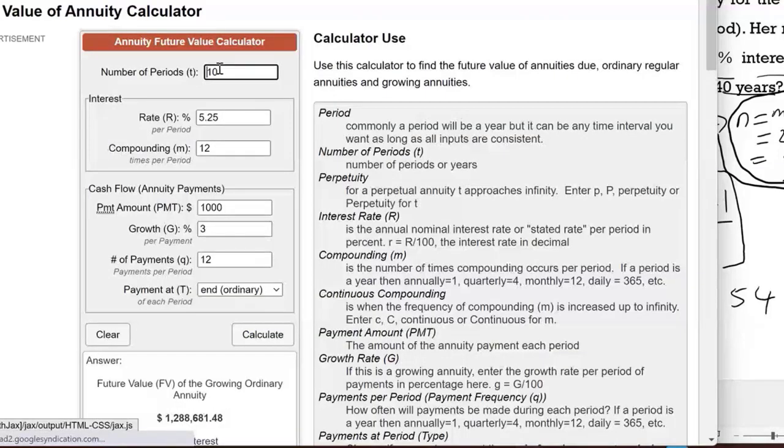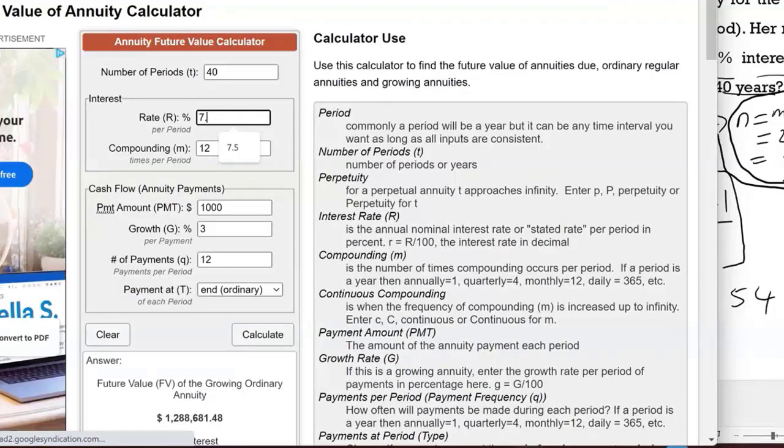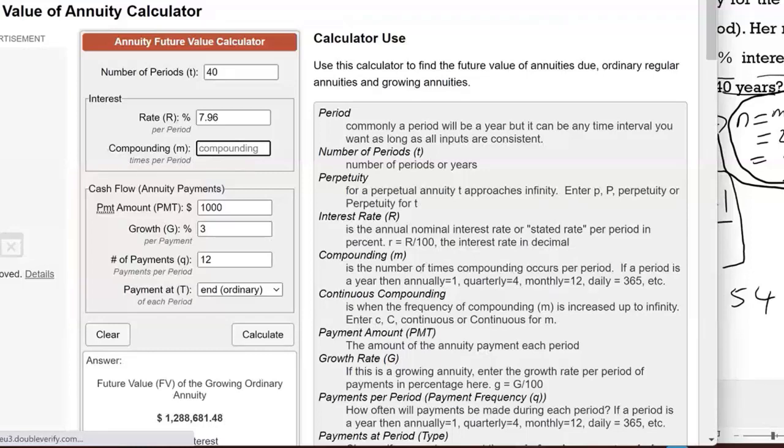For the number of compounding periods, we said from our analysis that our T is equal to 40. And then we set our rate. Remember, we're going to write our rate as 7.96. The number of compounding periods we said is 2. And then the payment is 1,000.